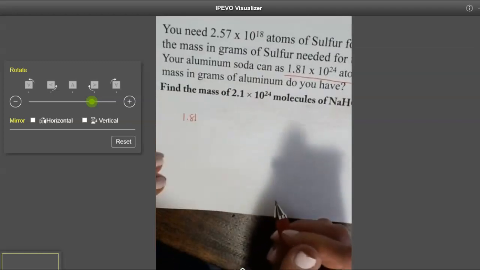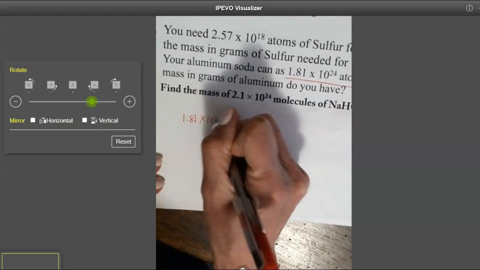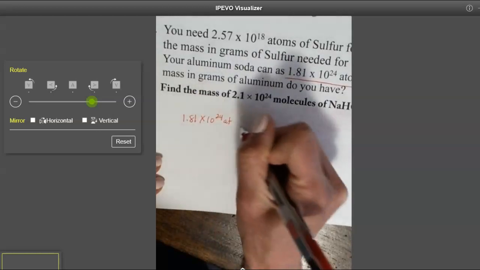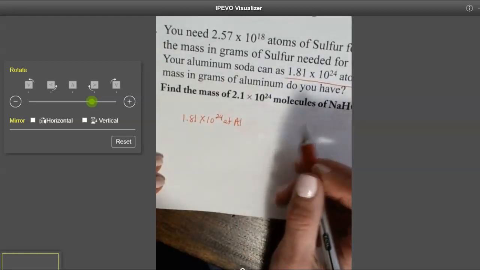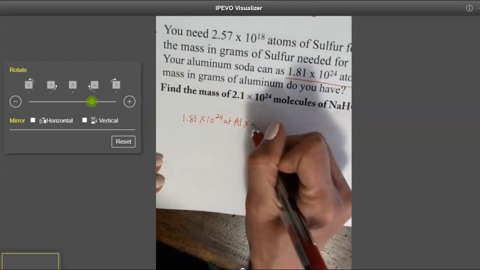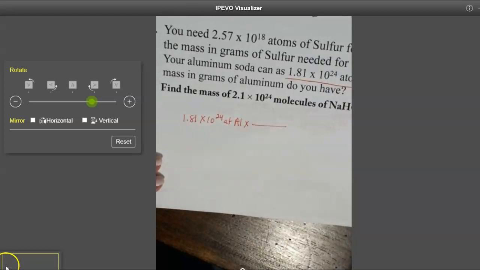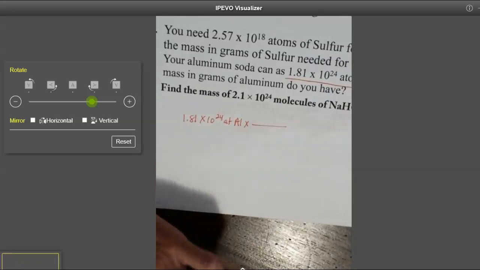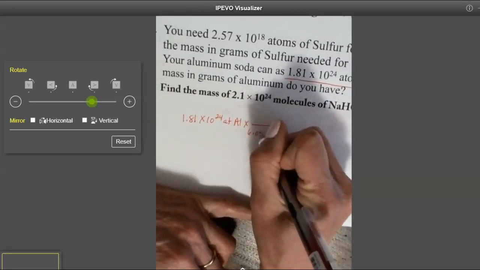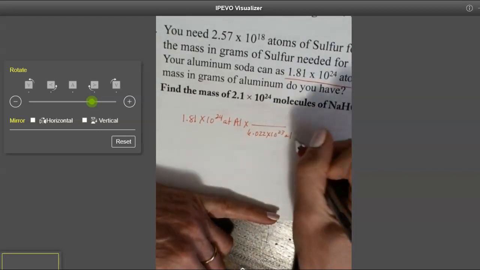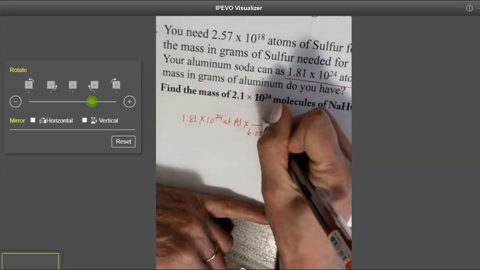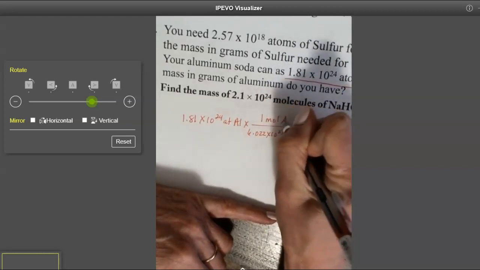1.81 times 10 to the 24th atoms, and this is of aluminum. So we've got to go to mole city, so we have to get to Avogadro's highway first. So 6.022 times 10 to the 23rd atoms of aluminum is the same as 1 mole of aluminum.